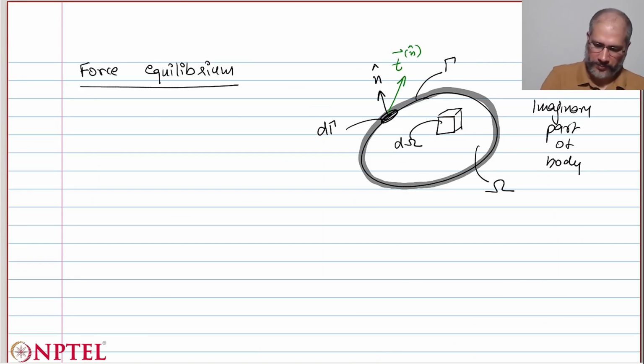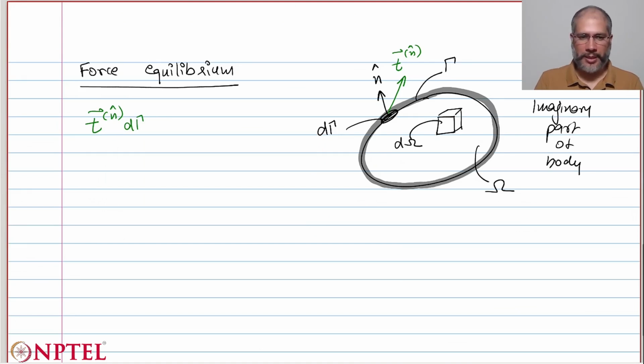And what I do is I write this traction vector on the n hat plane times d gamma. So that gives me the small amount of surface force acting on this small surface. And then I integrate this over the complete surface gamma. And since it's a closed surface, this becomes a closed integral. So this integral represents the sum of all the surface forces acting on the surface of this imaginary subset of the body.